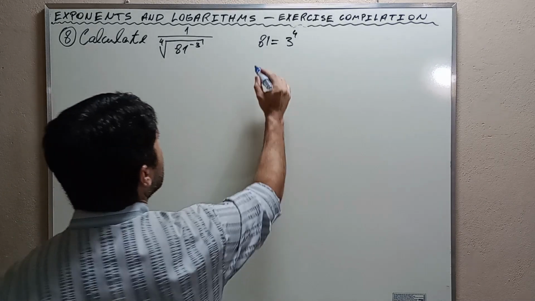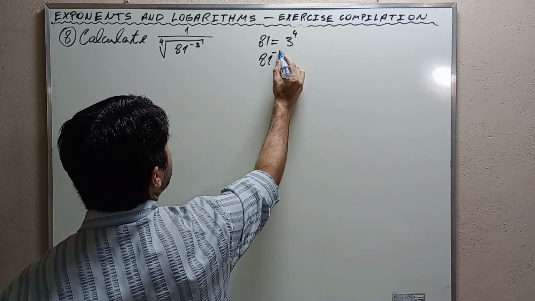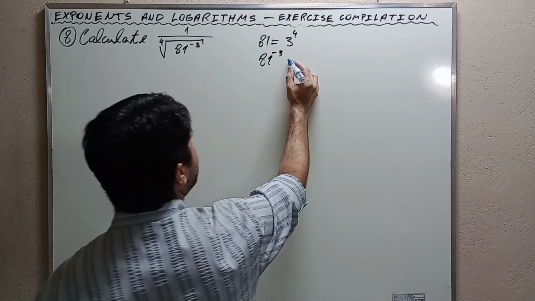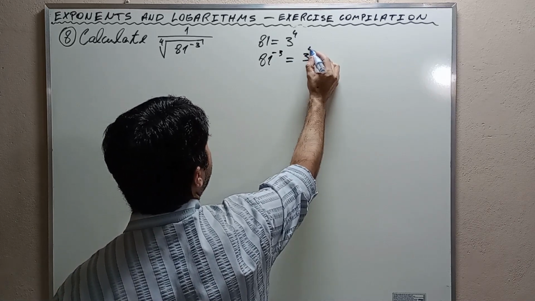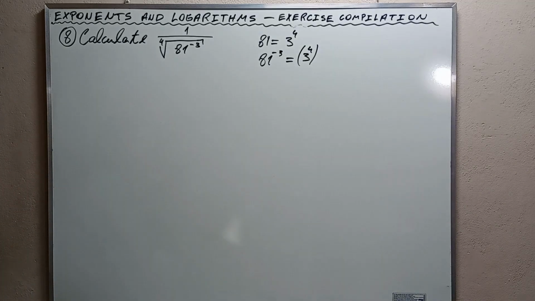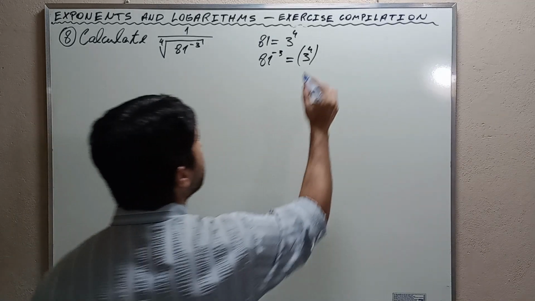Consequently, 81 to negative 3 is equal to 3 to the 4th raised to the power of negative 3.